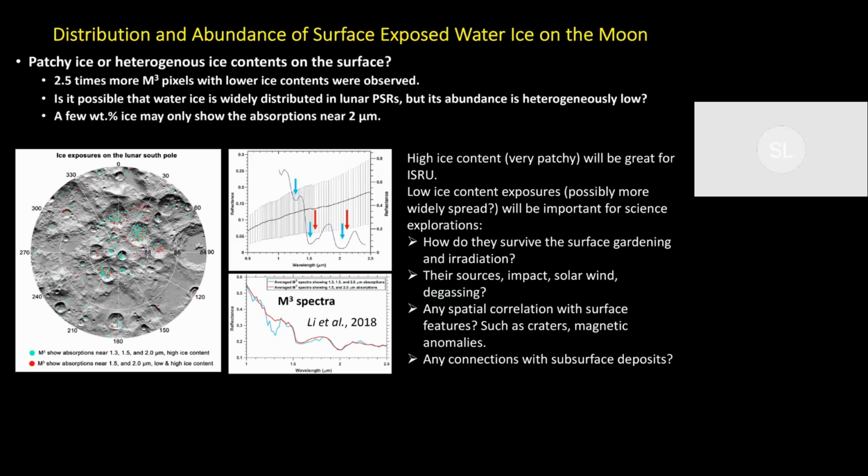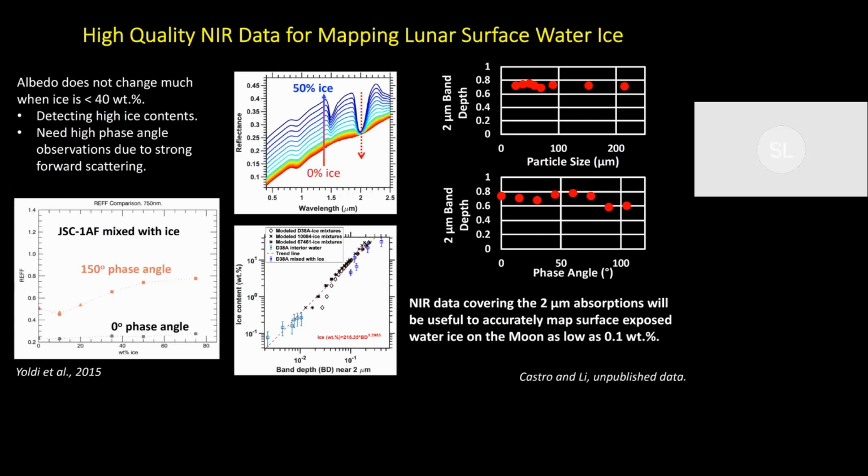And also, it's interesting to examine the spatial correlation with both surface features and the subsurface. Next slide, please. If we want to use reflectance spectroscopy to detect surface ice on the moon, maybe the best option is using the near-infrared feature. As we can see in previous experiments, people showed that the albedo doesn't vary much when the ice content is less than 40%.